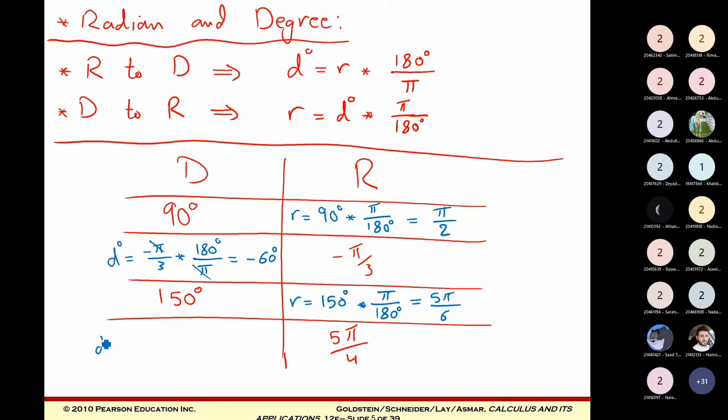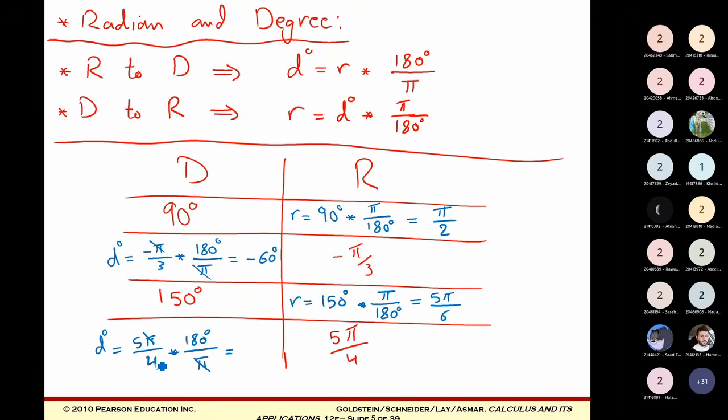Last one, the degree of 5 pi over 4 radian. Multiply with 180 over pi. Remove pi with pi. 180 multiplied by 5, we can do by calculator, over 4.